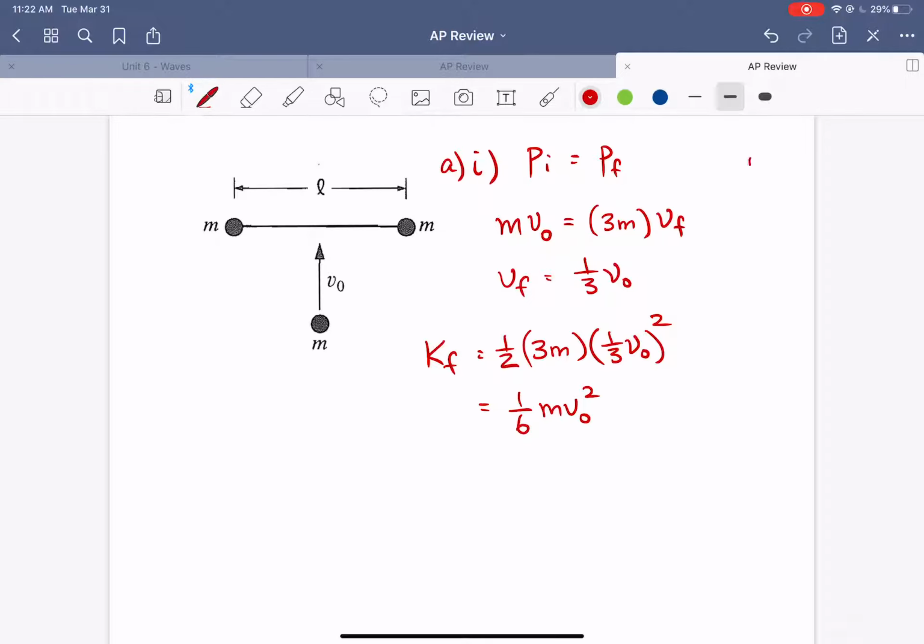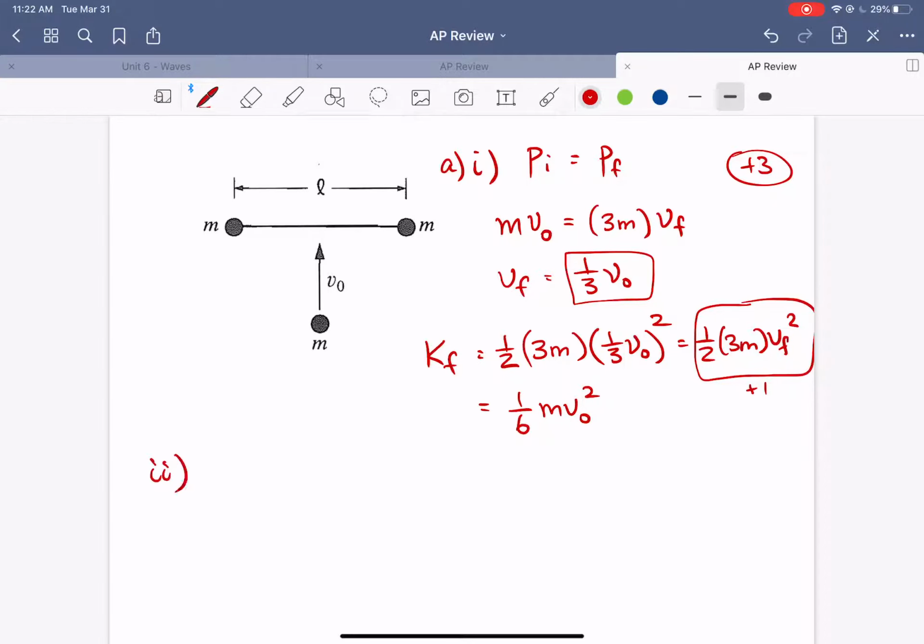All right, so this was worth 3 points. If you had the wrong value for v final here, one tip is if you write first 1/2 times the total mass times v final squared, this part of the problem is worth 1 point on its own. So you can at least get some partial credit there.